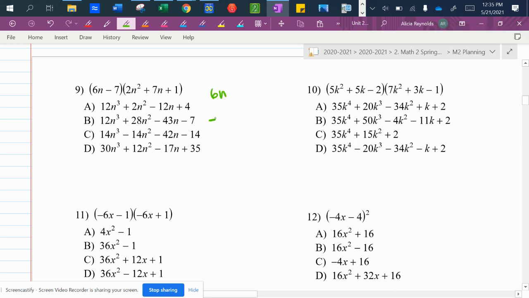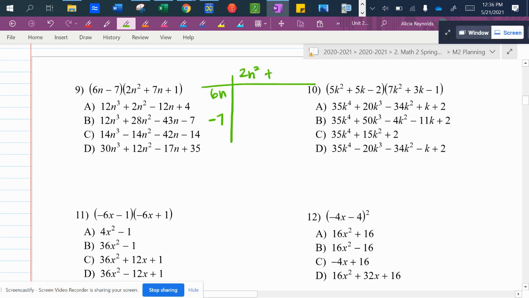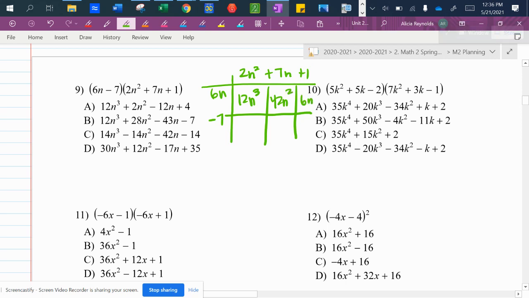So I have 6n minus 7, and I have 2n squared plus 7n plus 1. 6n times 2n squared is 12n cubed. 6n times 7n is 42n squared. 6n times 1 is 6n. 2n squared times negative 7 is negative 14n squared. Negative 7 times positive 7n is negative 49n. Negative 7 times 1 is negative 7.